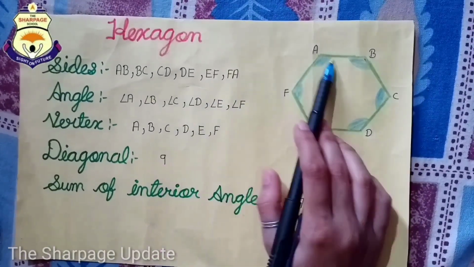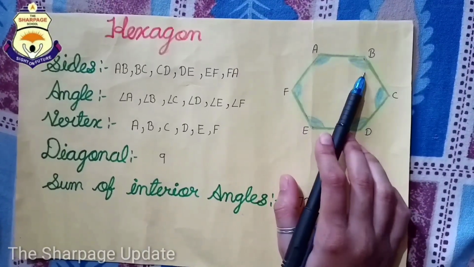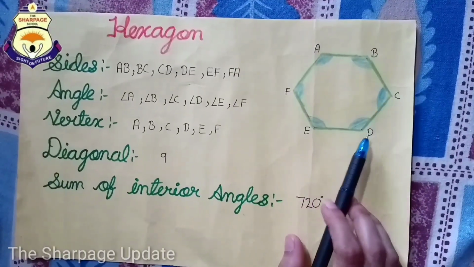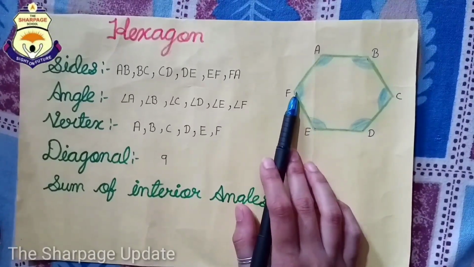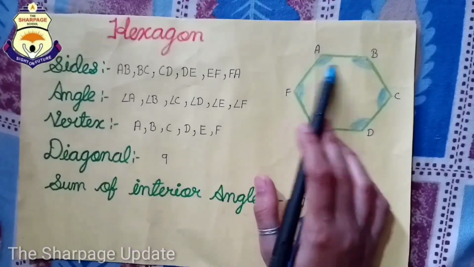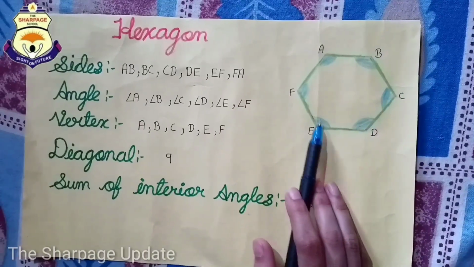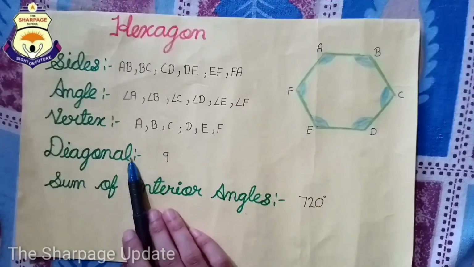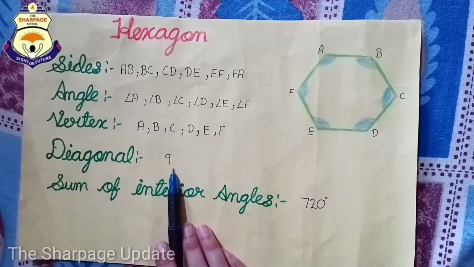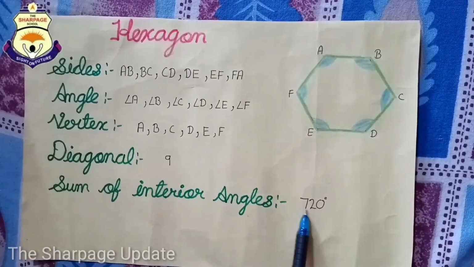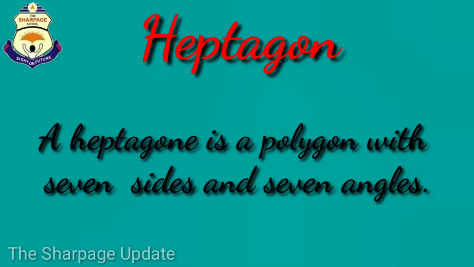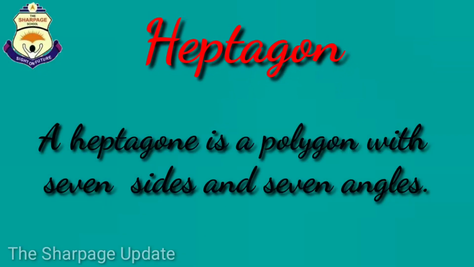Angles are angle A, angle B, angle C, angle D, angle E and angle F. Vertices are A, B, C, D, E and F, and diagonals are 9, and the sum of interior angles is 720 degrees. Now let's know about heptagon.